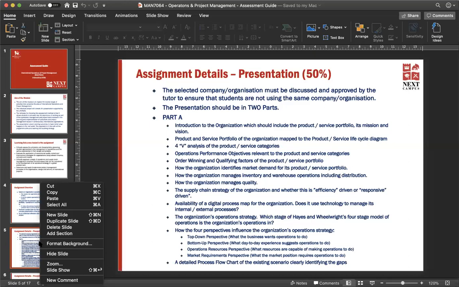So organizations should know this. If you ask your marketing division, they should basically say what the order winning factors of your product and or services are, and what the qualifying factors are. What are the factors that make customers interested in purchasing your product? Those are qualifying factors.